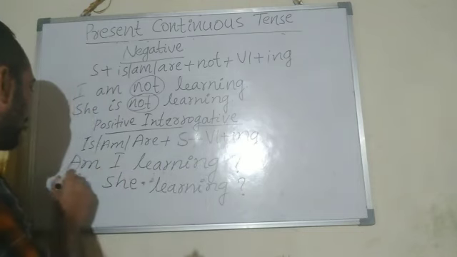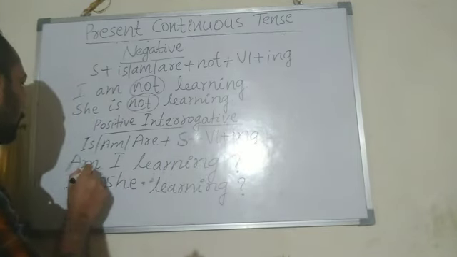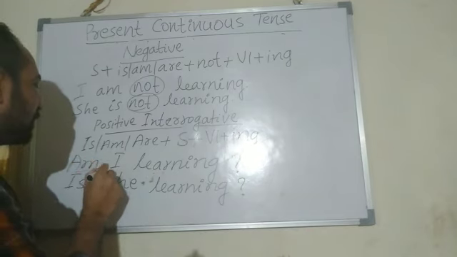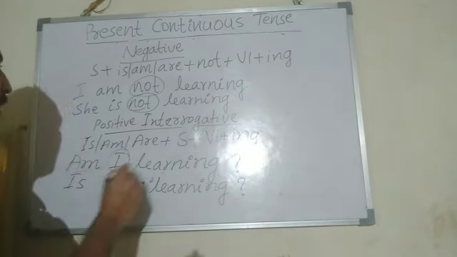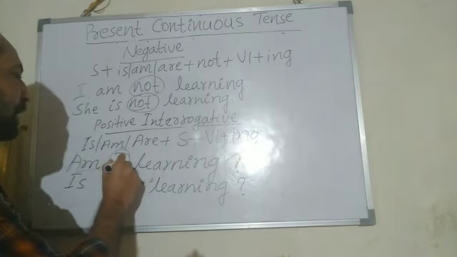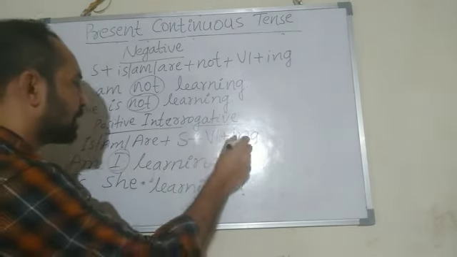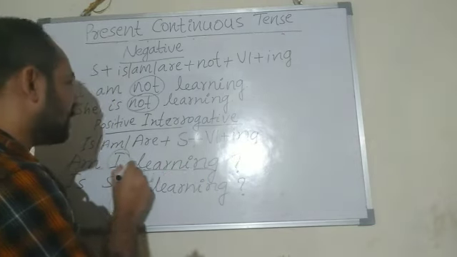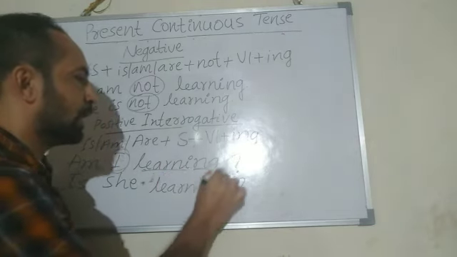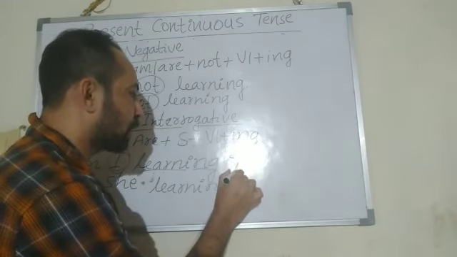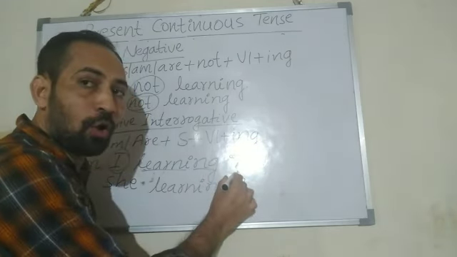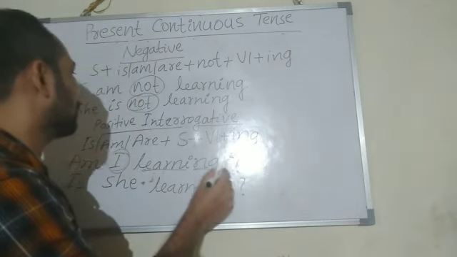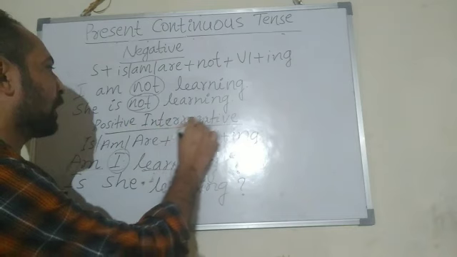Am is the auxiliary verb, which came in the beginning of the sentence before the subject I. Then V1 plus ing form. Learn plus ing form. Am I learning? In the end, we have to put a question mark. Always remember to use a question mark in an interrogative sentence.